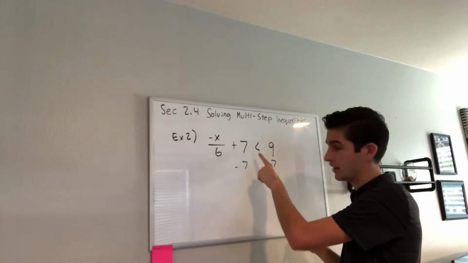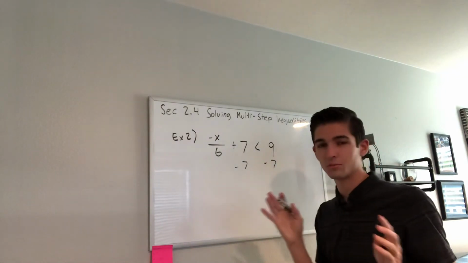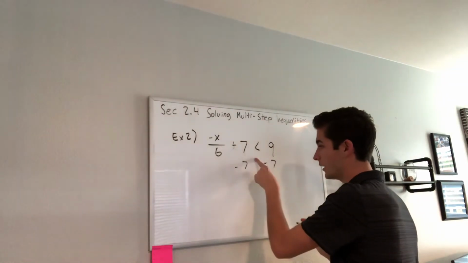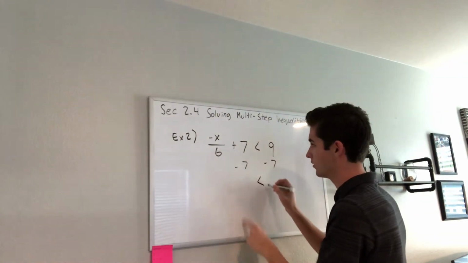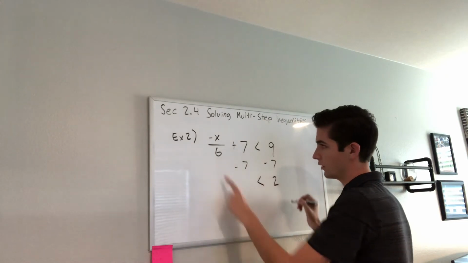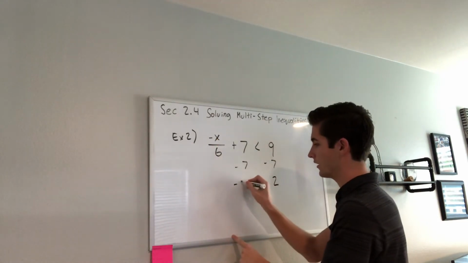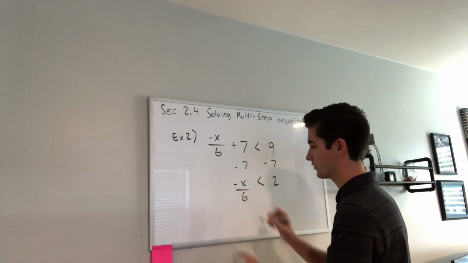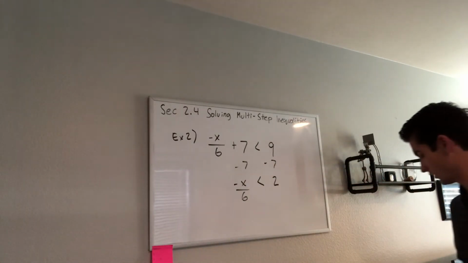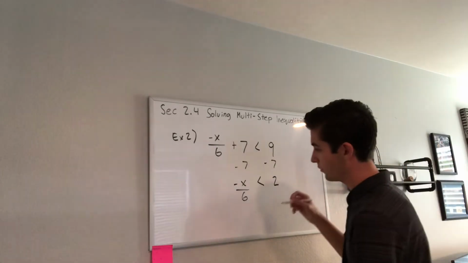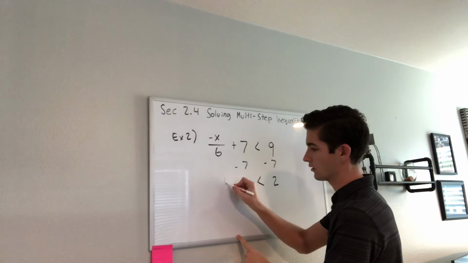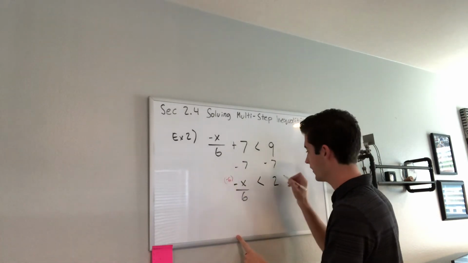That's a common mistake, right? Don't mix up subtraction, addition, multiplication, and division. So we keep the sign right now. 9 minus 7 gives us 2, and we bring down the negative x over 6. Our next step is we have to multiply each side by a negative 6.